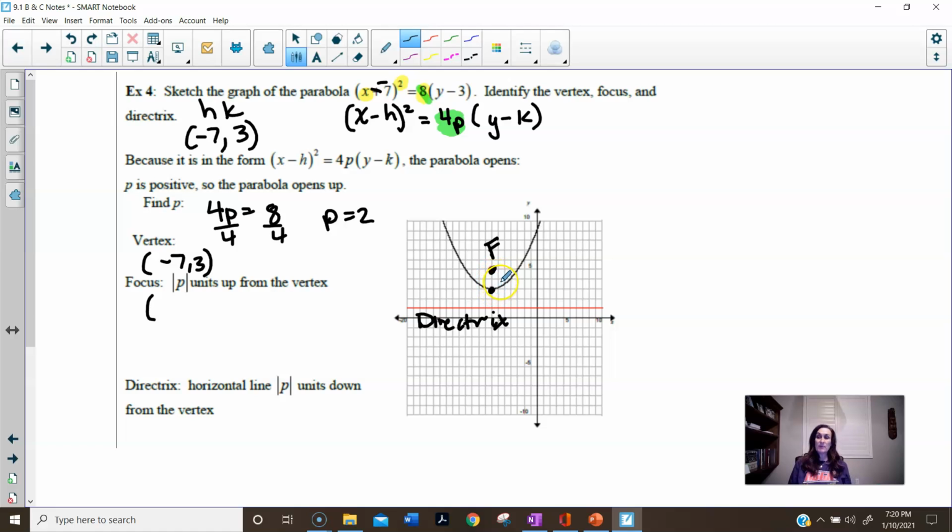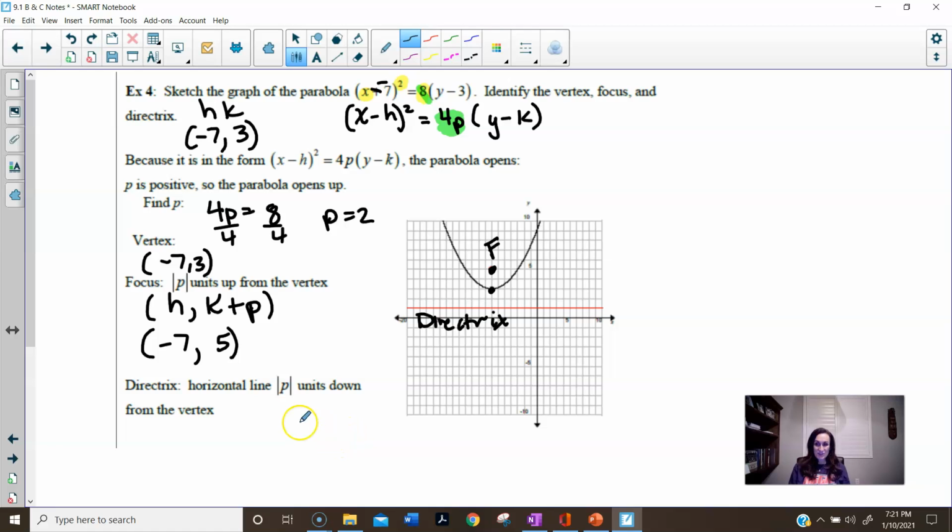So when the parabola opens up or down, the focus is going to be h, which is the left 7, comma, and then you're going to have k plus p. So there's your focus. So this focus is left 7, and then k was 3, and then we went up 2 more. So k plus p, which is negative 7, 5.